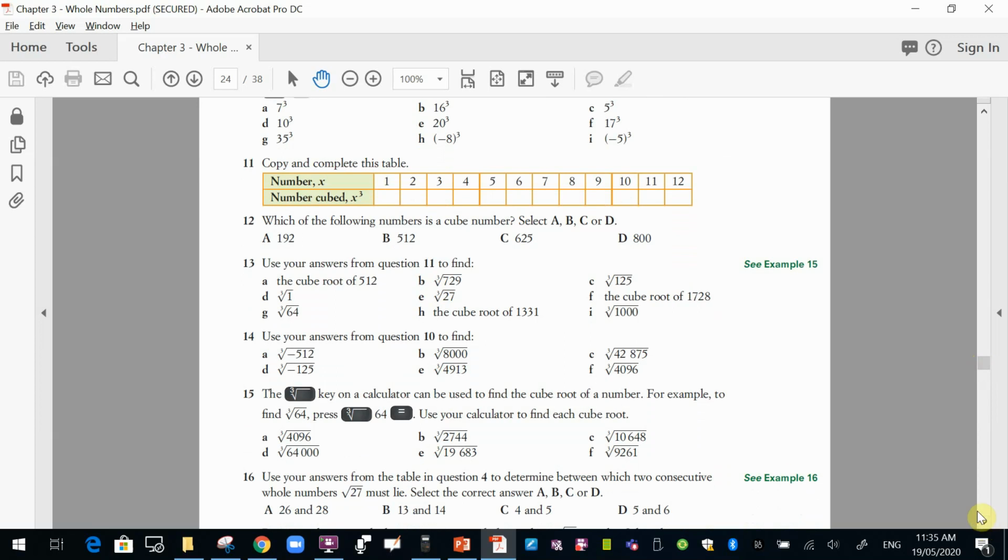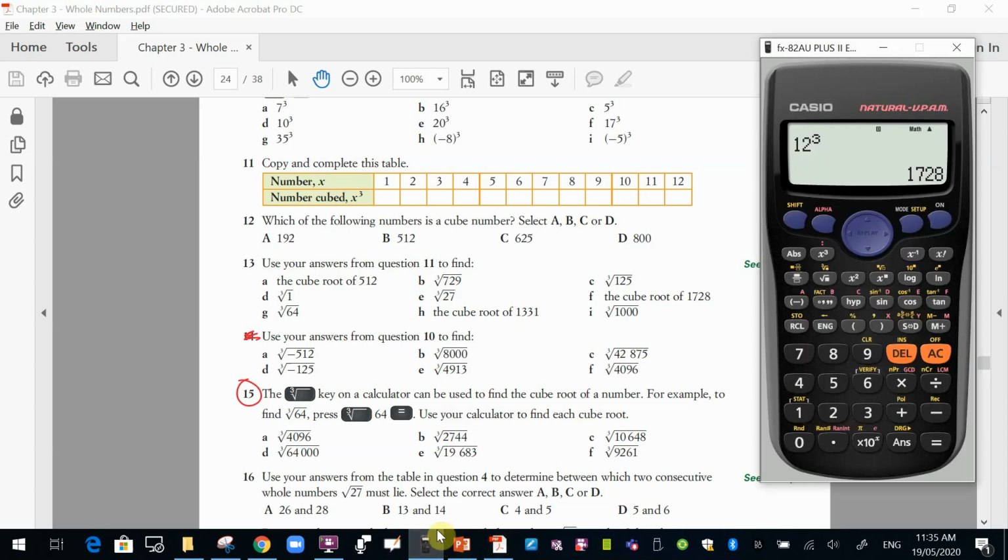We're not going to do 14, but we will do 15 using a calculator. Let's do a couple. I'll do one. 10,648.